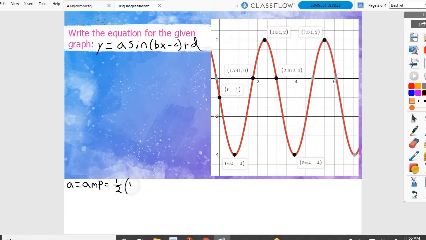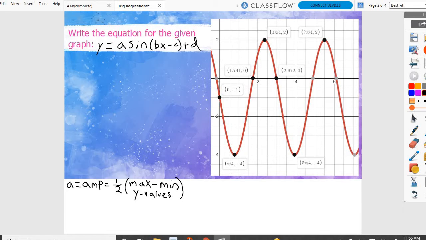So we're subtracting our minimum value from our maximum value. And because we're talking about maxes and mins, we're talking about vertical, so we're talking about y values. Are y'all with me? Subtraction gives us the distance between, and then I just multiply it by 1/2.